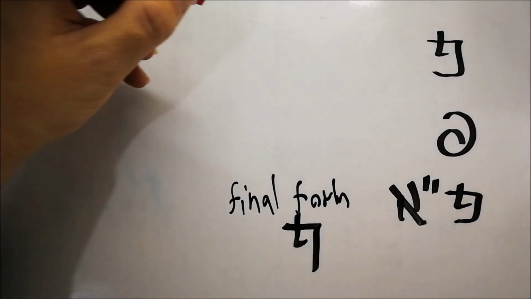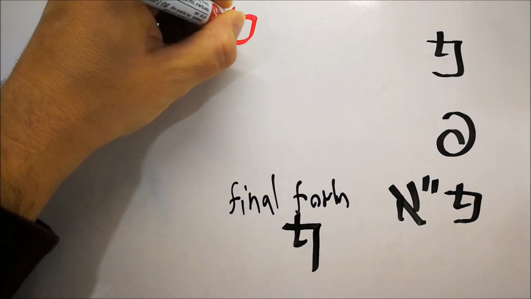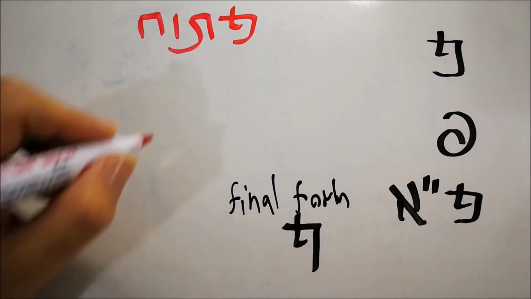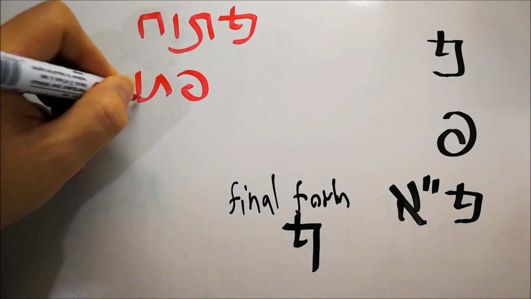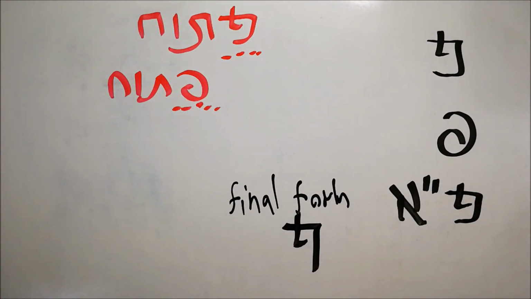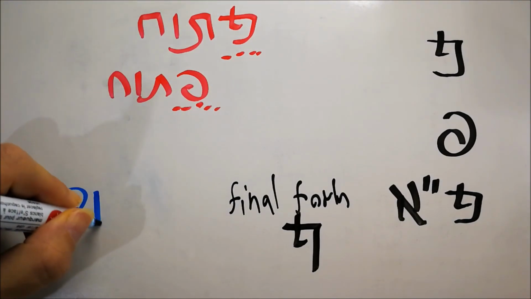A word example for the letter P is פתוח. Notice the P at the beginning of the word פתוח. פתוח means open in English.